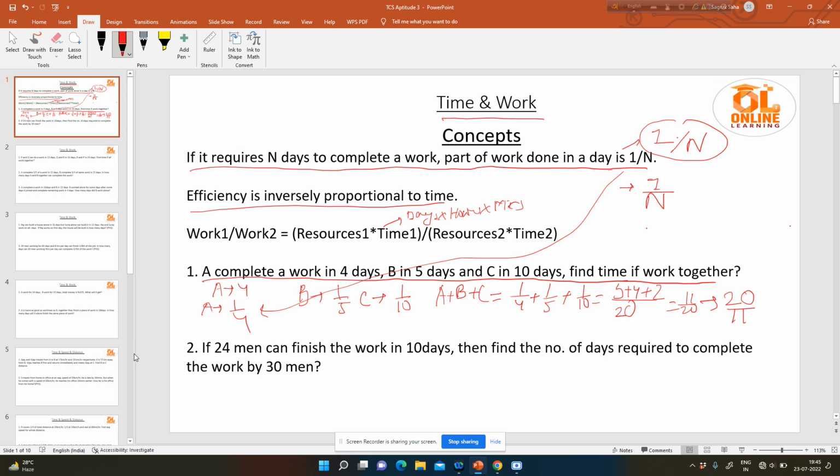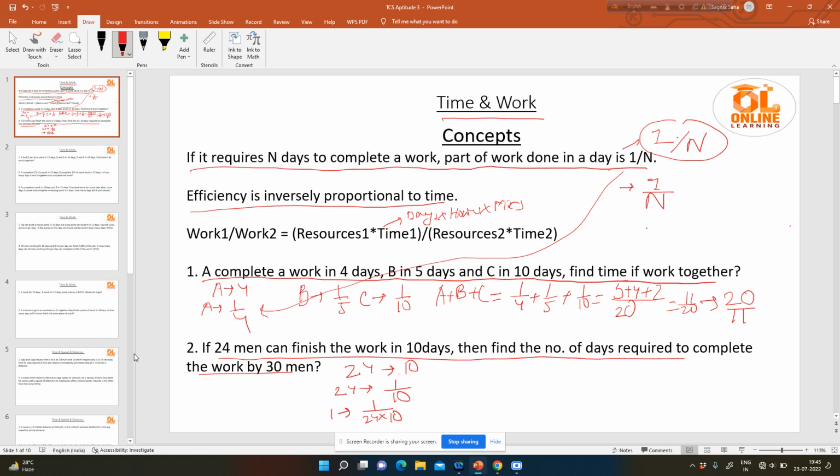If 24 men can finish the work in 10 days, then find the number of days required to complete the work by 30 men. 24 men complete the work in 10 days, so the amount of work they do in 1 day is 1 by 10. So the amount of work done by a single person in 1 day is 1 by 24 into 10.